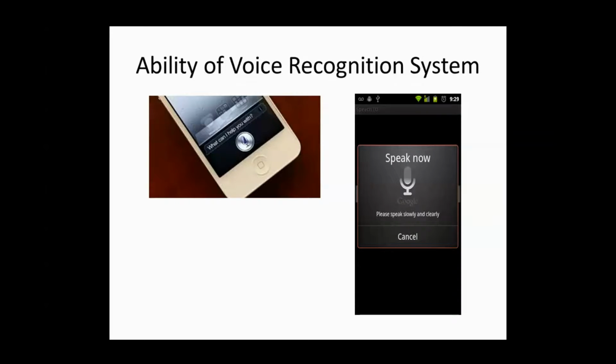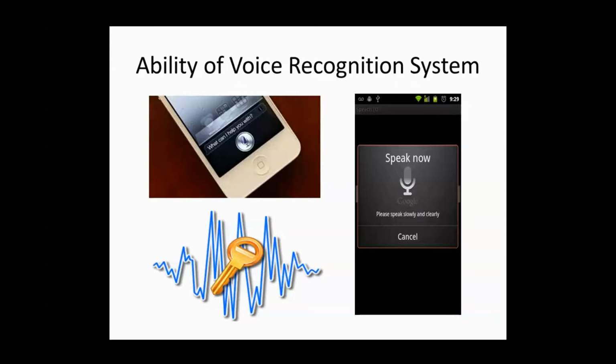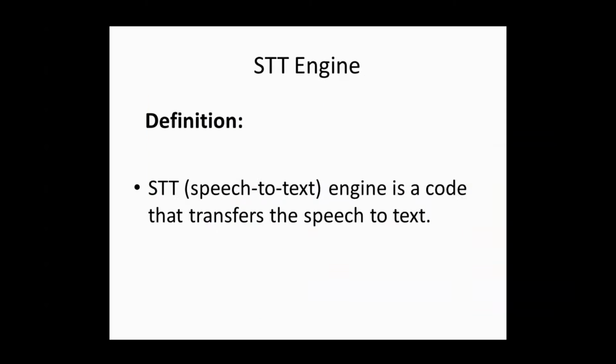The second one is Google, which you find in Android devices, such as Galaxy and Sony and so on, and in biometrics, which take the voice as a voice print, which means to identify your voice. We have the STT engine, which is a speech to text engine, a code that transfers speech to text.